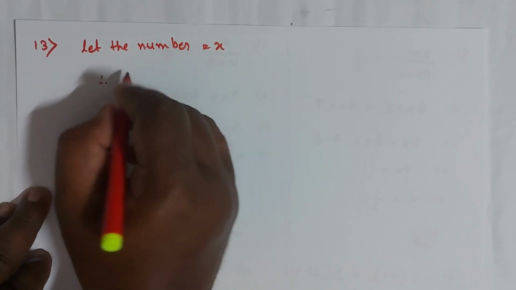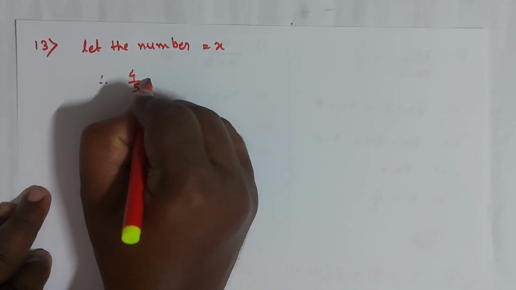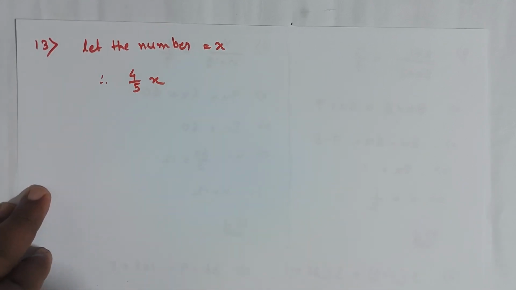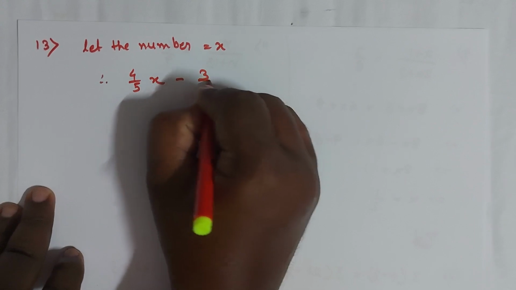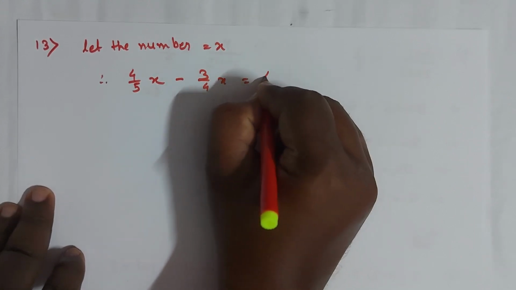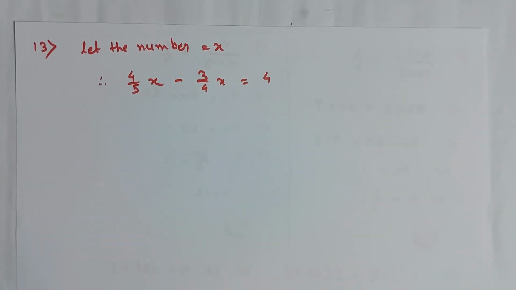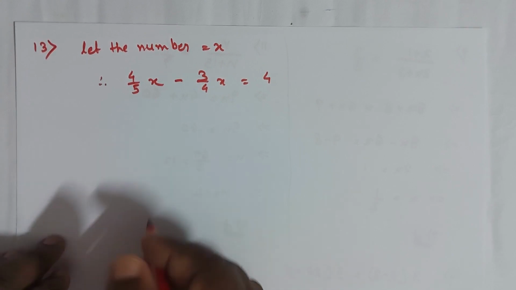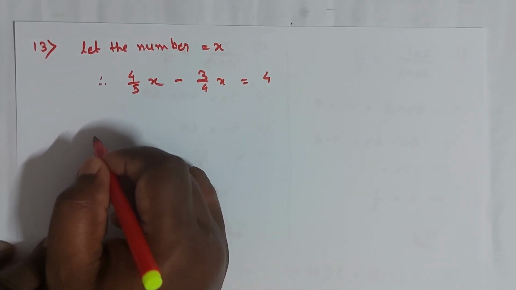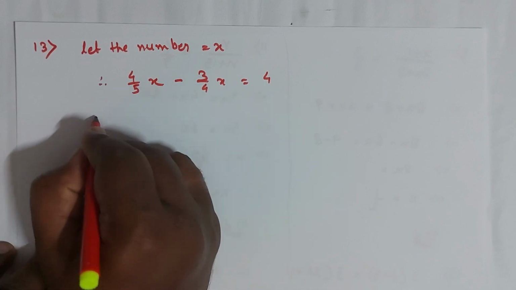So 4/5 of the number, that means 4 by 5 into x, is greater than 3/4 of the number by 4. So this is 4 by 5x minus 3 by 4x, 3 by 4 into x, equals 4, because it is greater by 4.